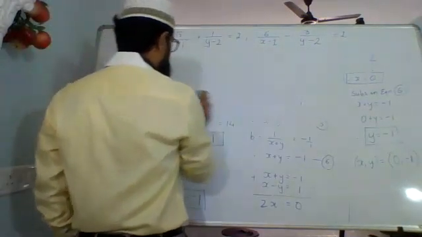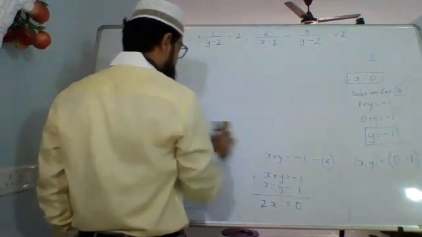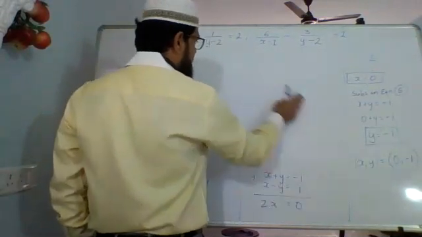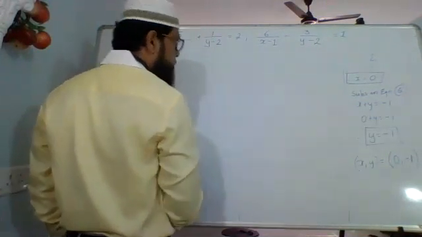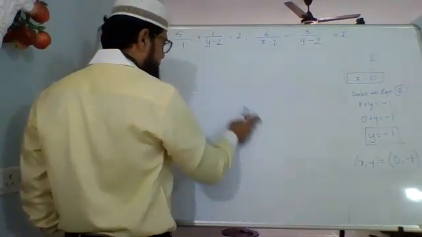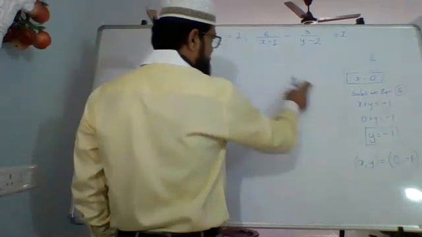That's your first equation. Then you have 6 upon x minus 1 minus 3 upon y minus 2 equals 1. That's the second equation.